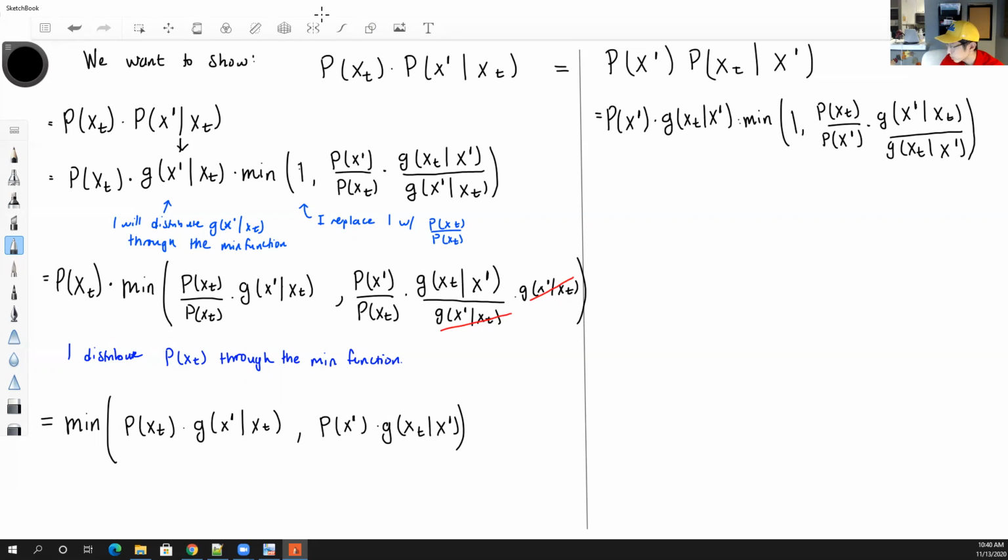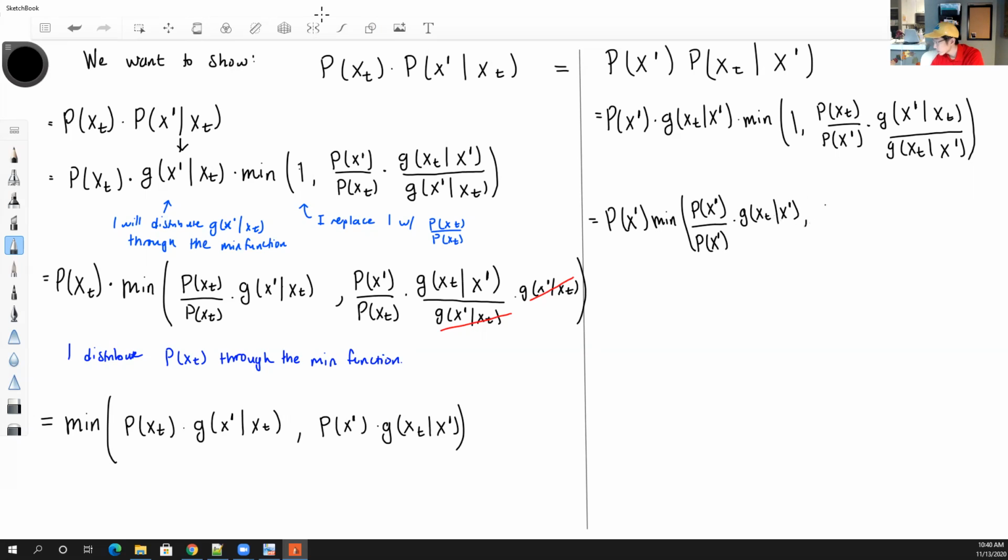Again, I'm going to distribute this throughout. Using the same logic, I'm going to have the minimum between p of x prime over p of x prime, times, and I'm distributing this, g of xt given x prime.